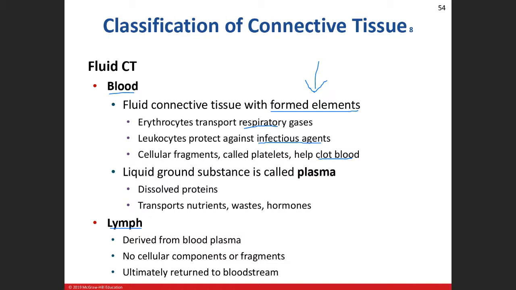The majority of our plasma, 92% of it, is water. And actually, I did the math. Plasma makes up about 55% of your actual blood. So if you multiply 55% by 92%, about half of your blood volume is water.